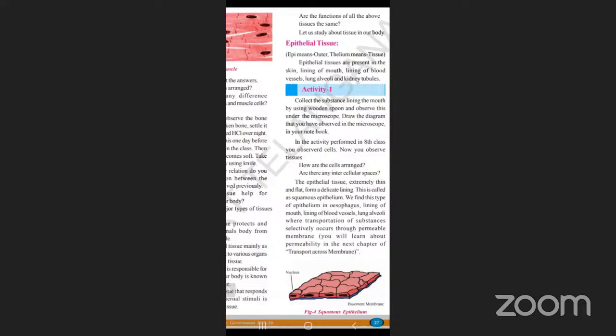Nervous tissue is transferring, transmitting data. Epithelial tissue helps to protect the body from inside and outside. So we have different functions for those tissues. Are the functions of all the above tissues the same?